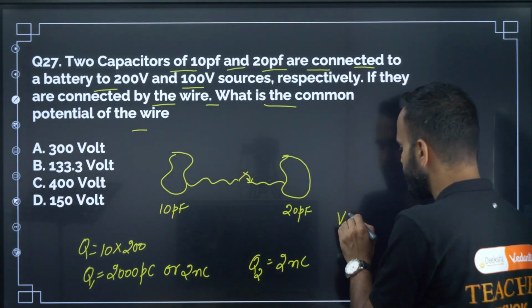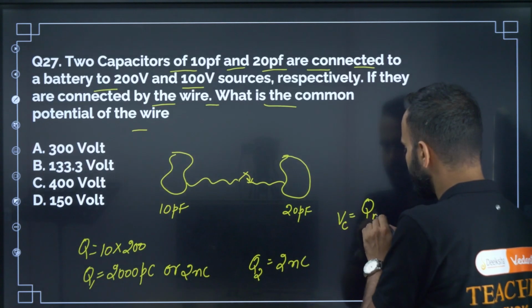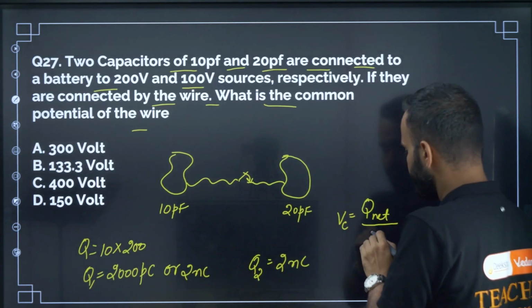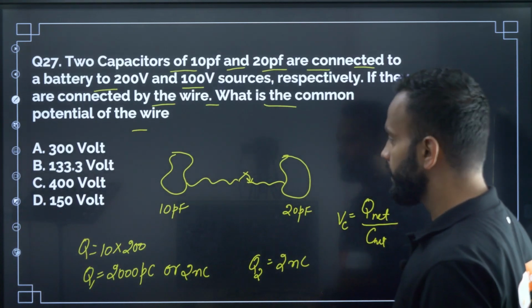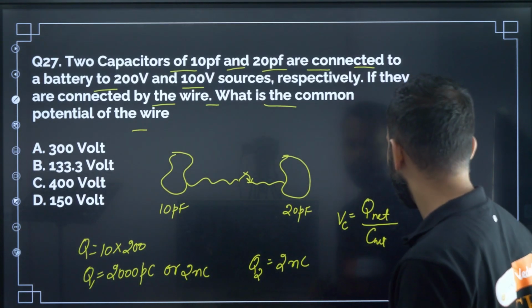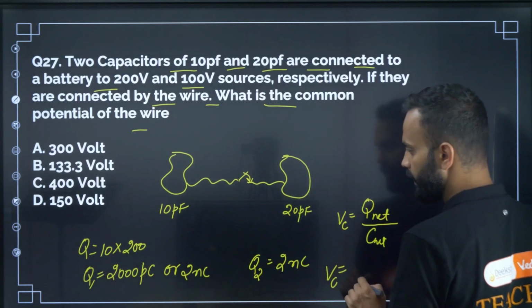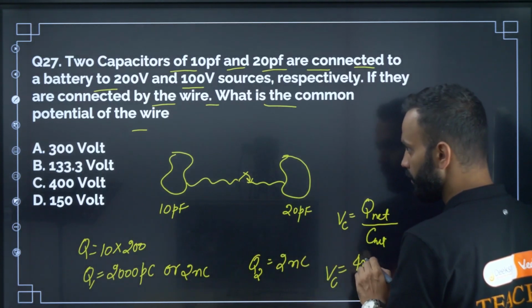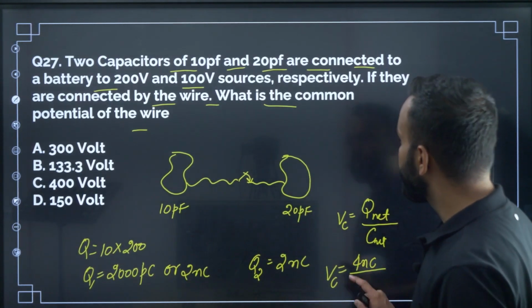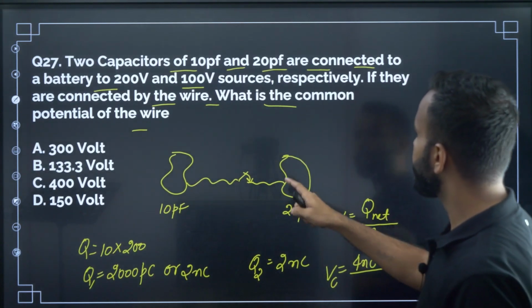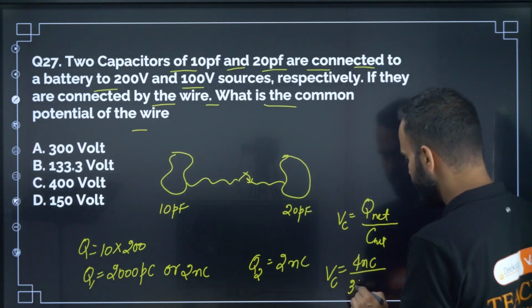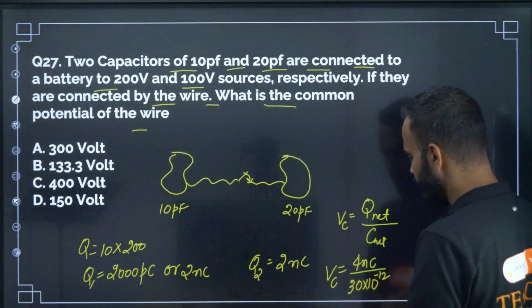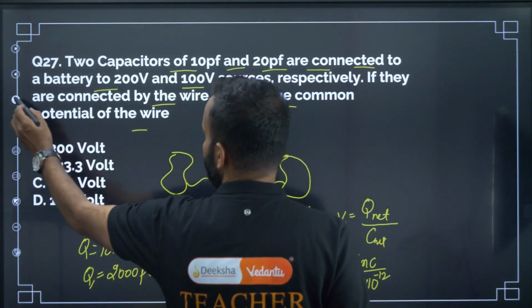The common potential VC is equal to the total charge divided by net capacitance. So VC is equal to the total charge, 2 plus 2, 4 nanocoulomb, divided by C net. C net is 20 plus 10, that is 30 picofarad, 30 into 10 to the power minus 12. Here nano is 10 to the power minus 9.